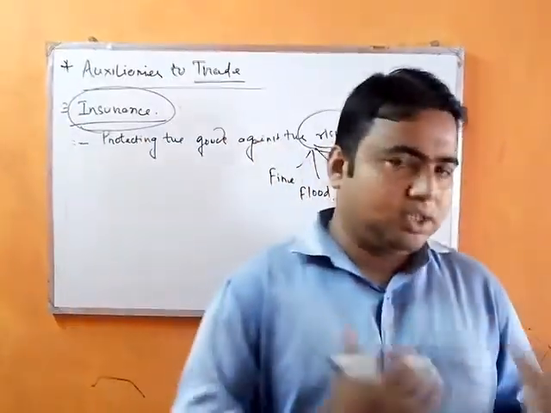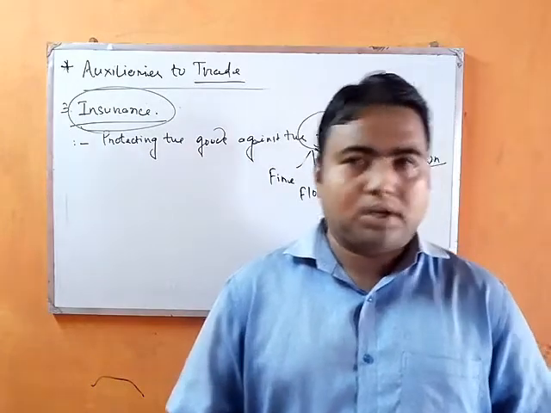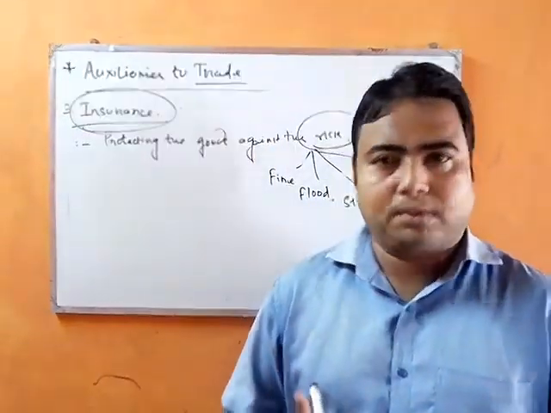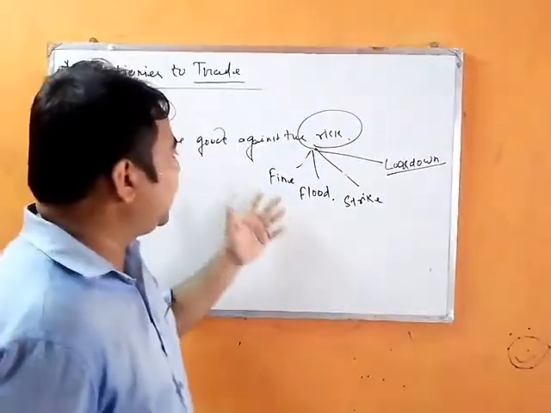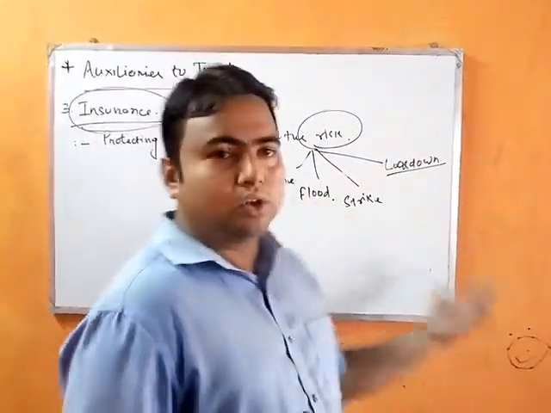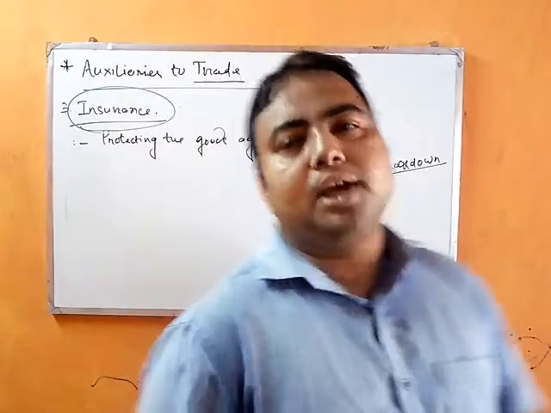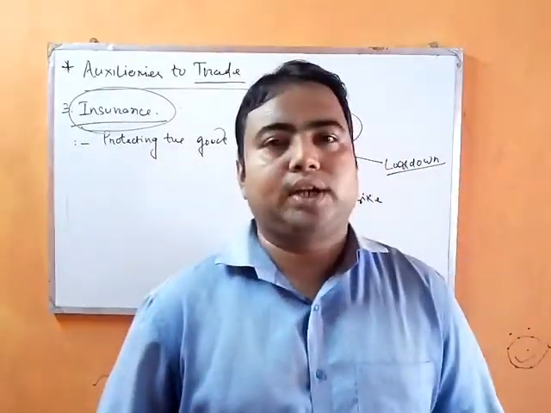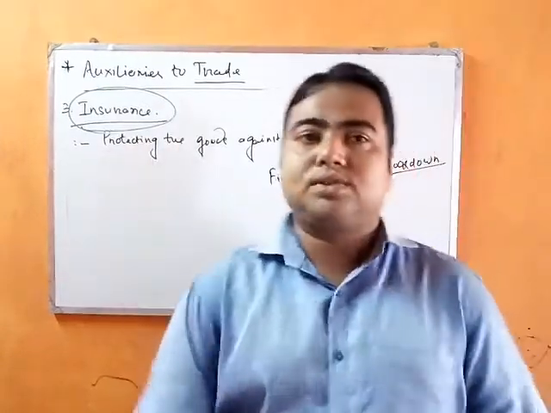No doubt, the lockdown situation is not properly covered by the insurance companies, but for other factors like fire, flood, strike, the insurance company may give proper compensation to the business unit. So insurance always plays a vital role.